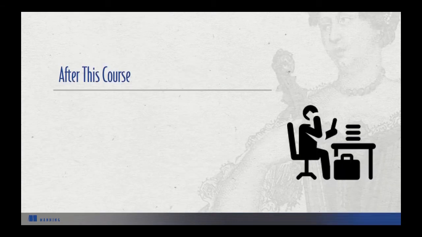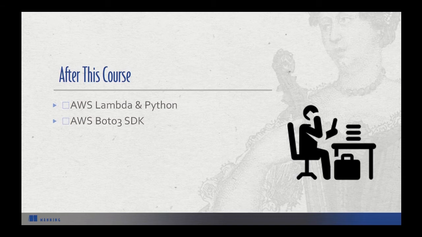There's even more that you'll be able to do. You'll be able to use AWS Lambda and Python to build a serverless application that uses your machine learning program. Utilize AWS Boto 3 SDK for accessing AWS services from any Python application.